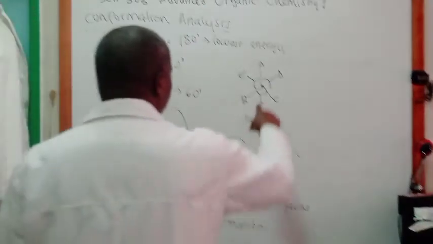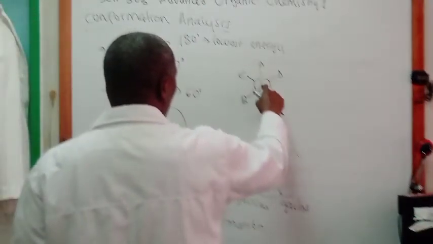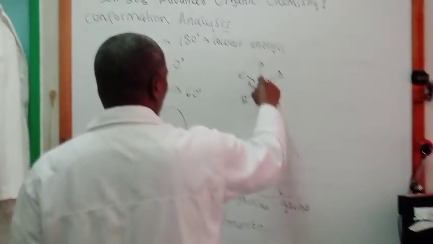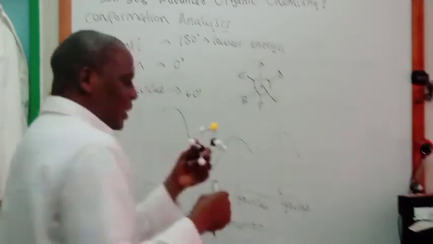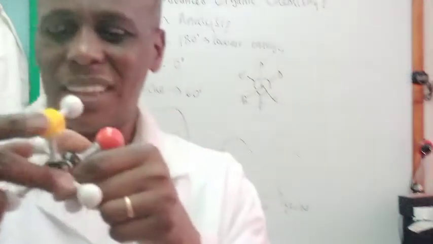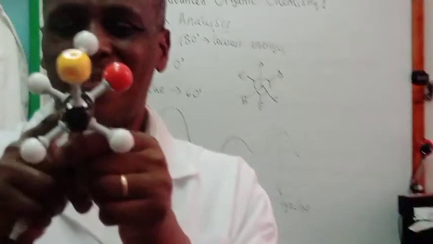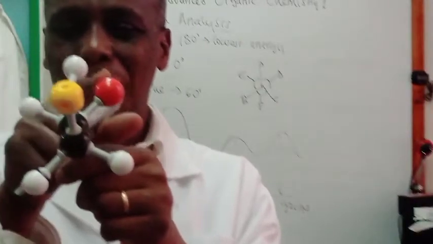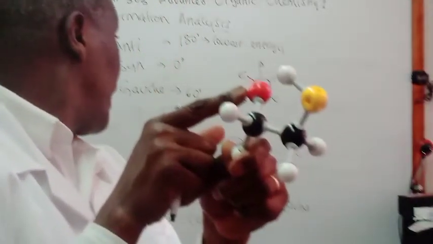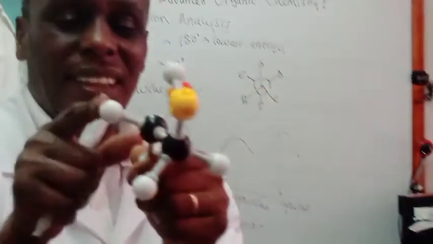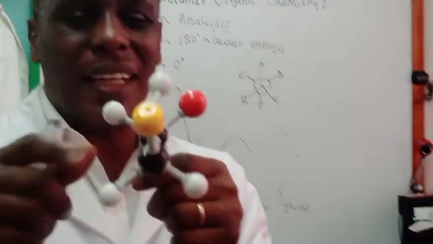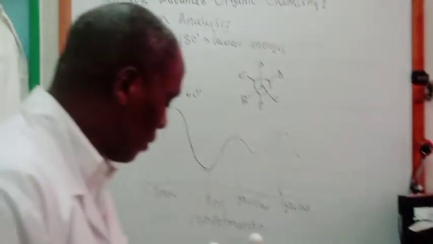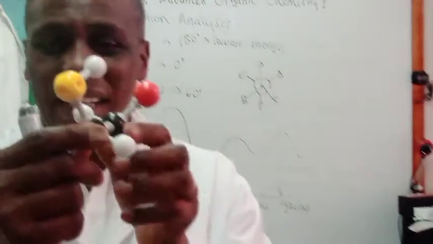So the one shown as a dot is the one nearest to you. Now I can say it has atoms A, B, and C, and the one farthest from you has D, E, and F. Now there's a way in which you can illustrate this.